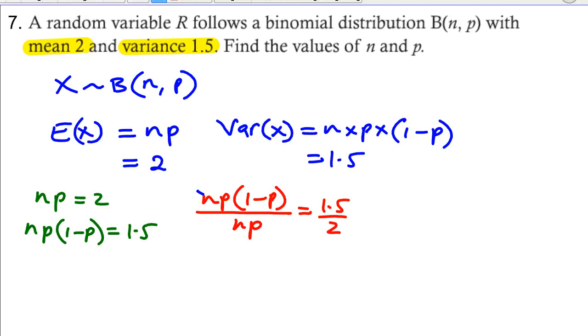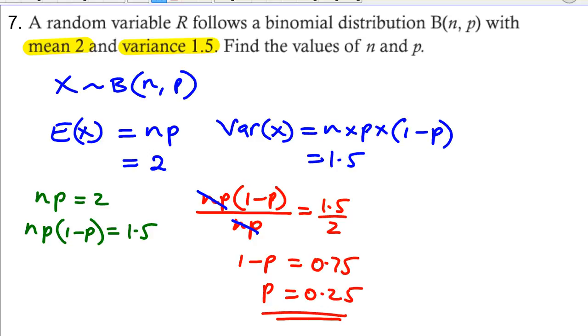You'll notice that np cancels, so I end up with 1 minus p equals 1.5 divided by 2, which is 0.75, which means that p is 0.25.